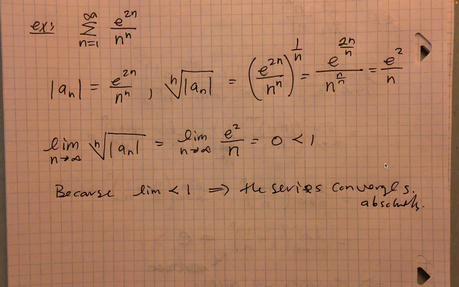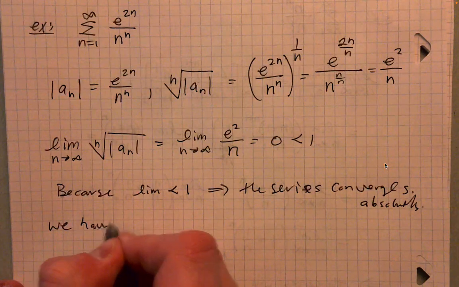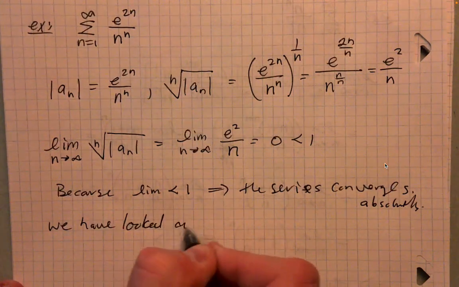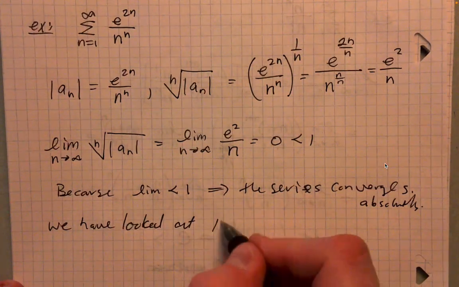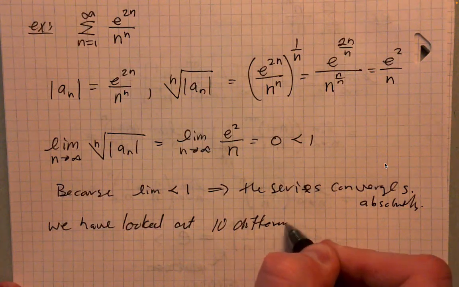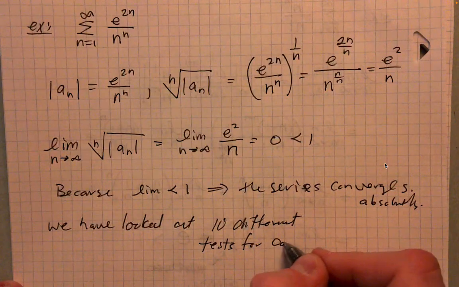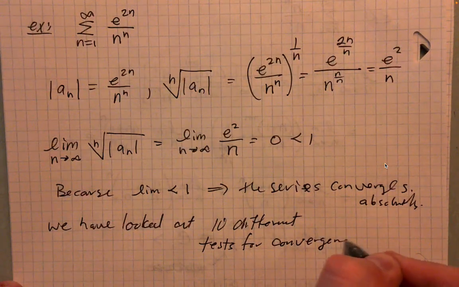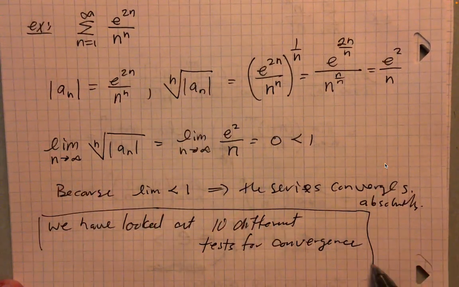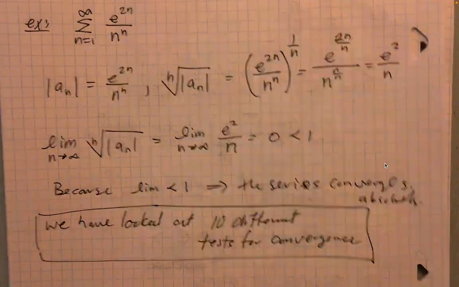Okay, we'll do another example in a moment, but let's pause for a second and reflect on what we've accomplished over the past 5 or 6 lectures. We have looked at 10 different tests for convergence.